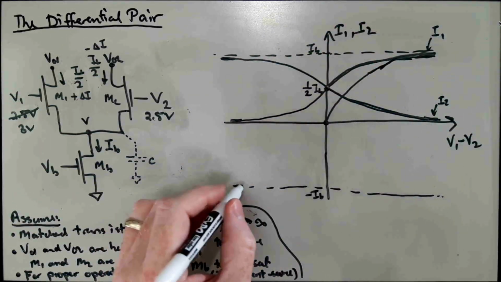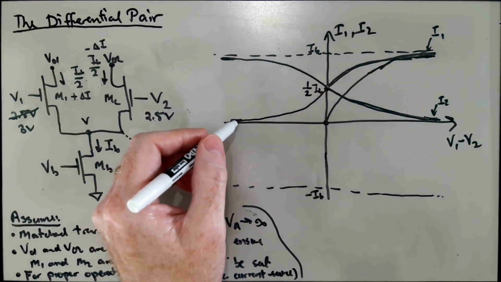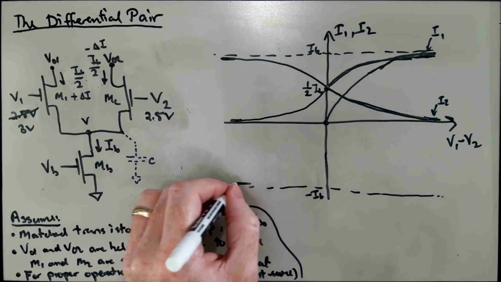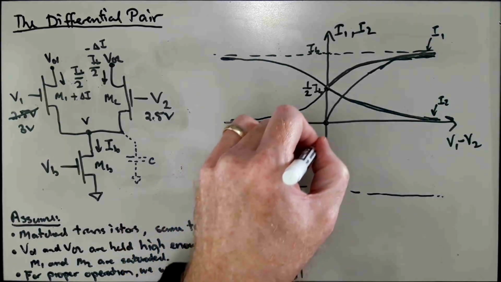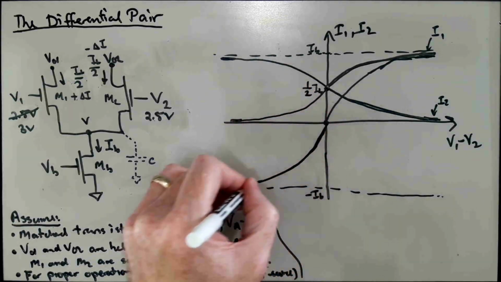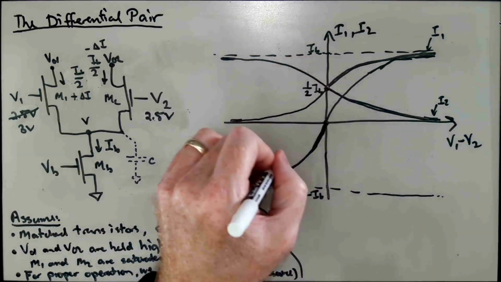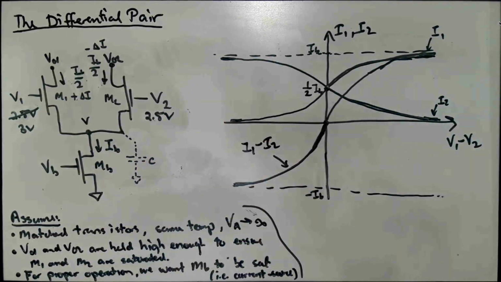Add 0, and then when we're at this extreme, I1 is 0 and I2 is going to be IB, so I1 minus I2 will be approaching minus IB, and we're going to wind up with something that looks like this. So this is I1 minus I2 qualitatively.